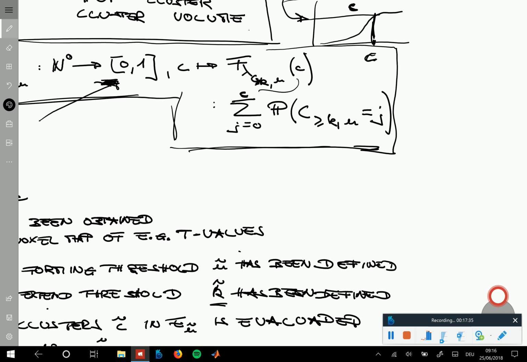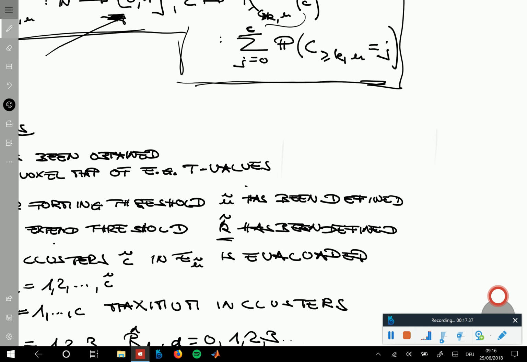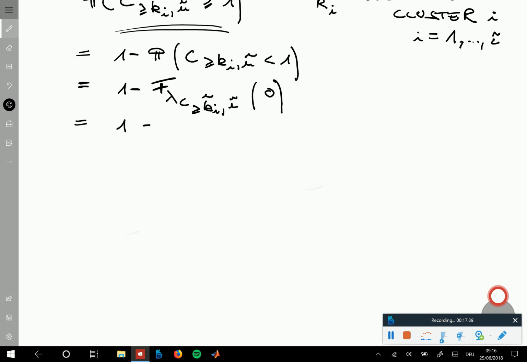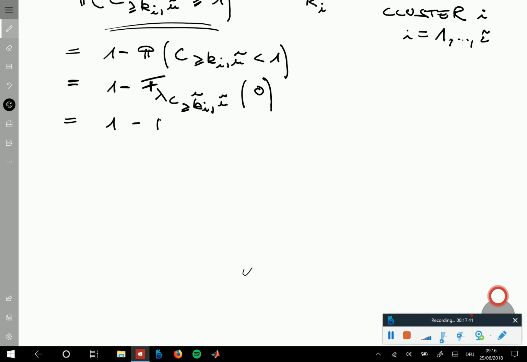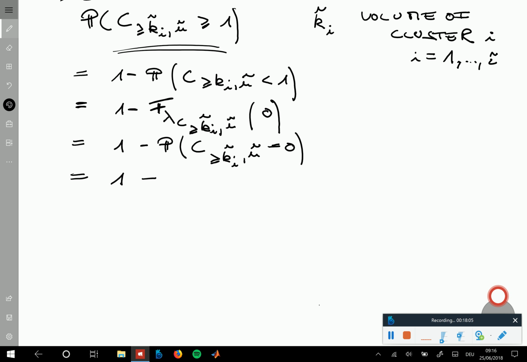Now you put in 0, so it's just the probability that the number of clusters with a volume larger than the volume of the cluster you're talking about is 0, and this is, of course, then the same thing.